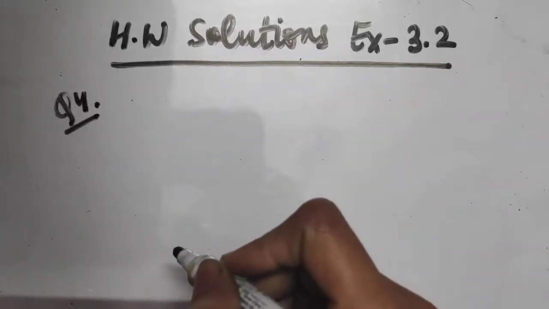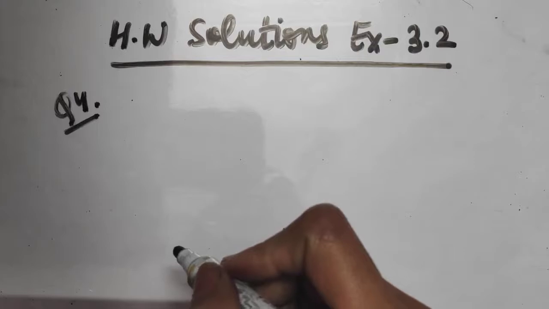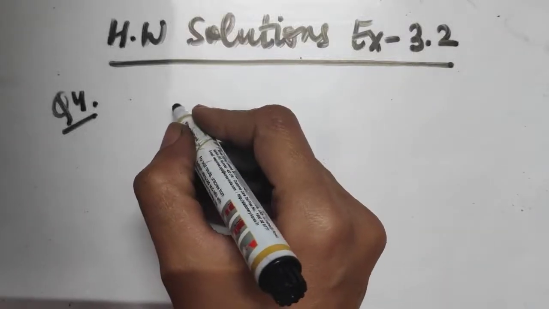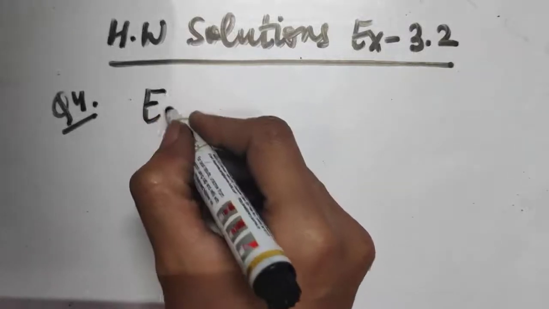Question number 4 says, how many sides does a regular polygon have if each of its interior angles is 165 degrees? And we know the formula of measurement of each interior angle.